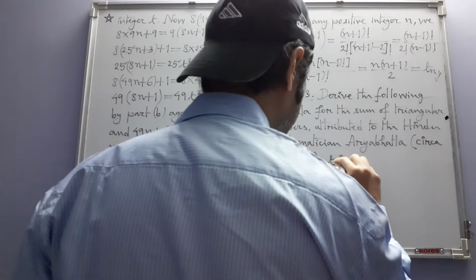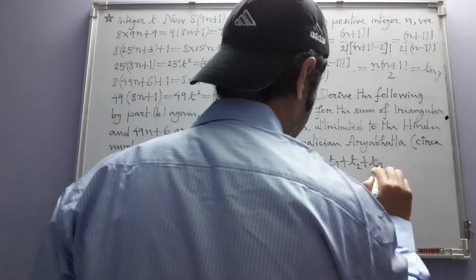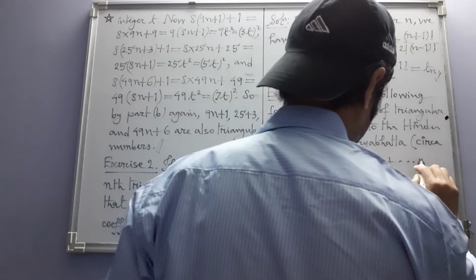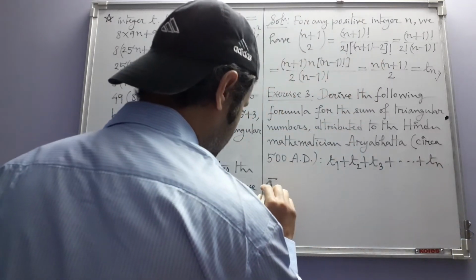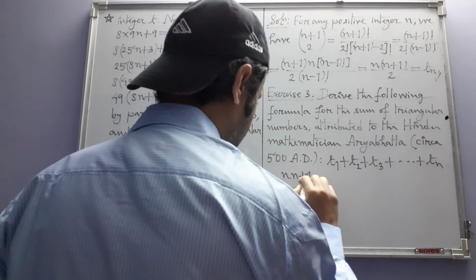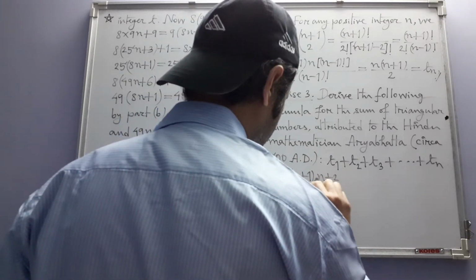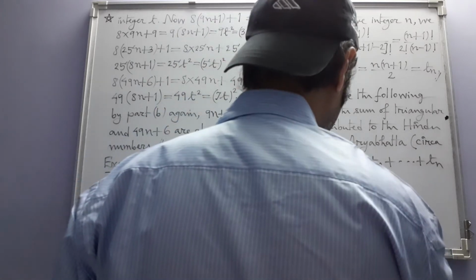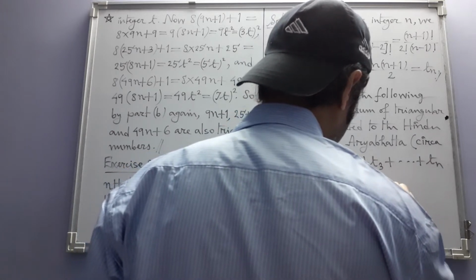He gave us this formula for adding the first n number of triangular numbers. And the sum turns out to be n times n plus 1 times n plus 2 divided by 6. There is a hint also given, although we will not use the hint.